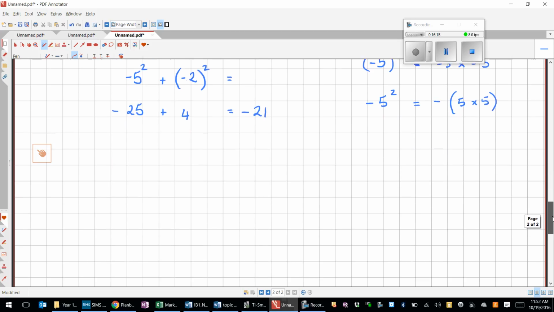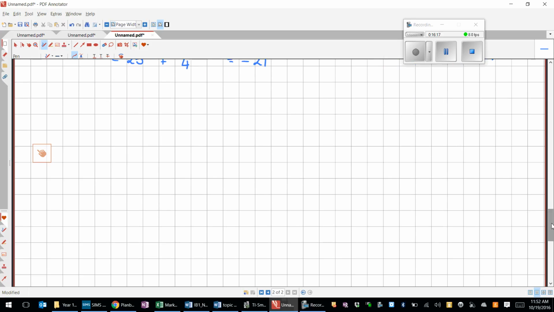Question 7. Lots of good work there, a few mistakes though. Is there anyone who doesn't understand why they got something wrong?